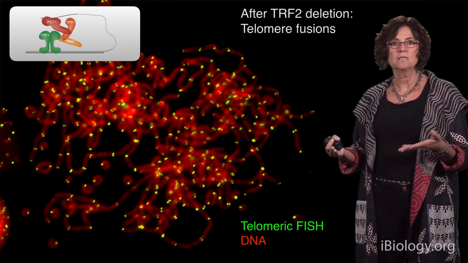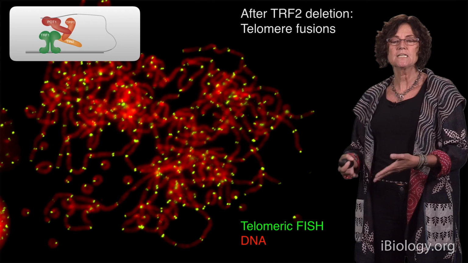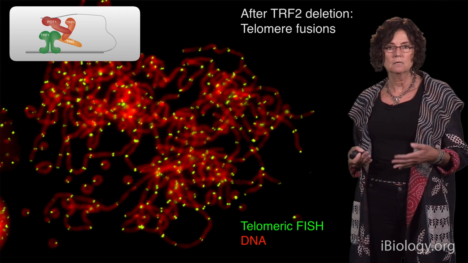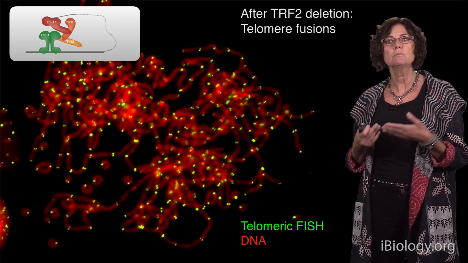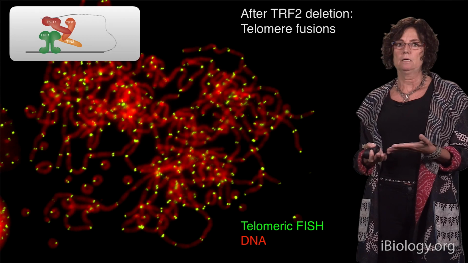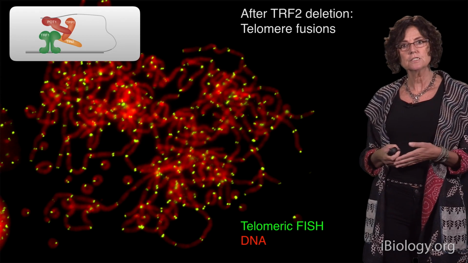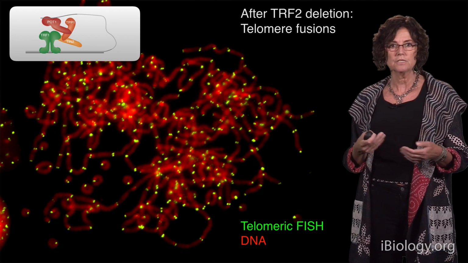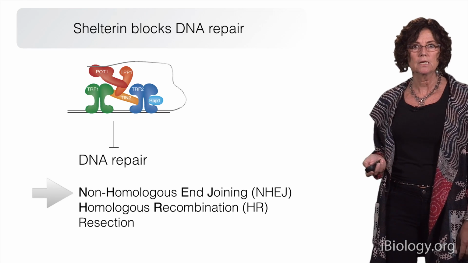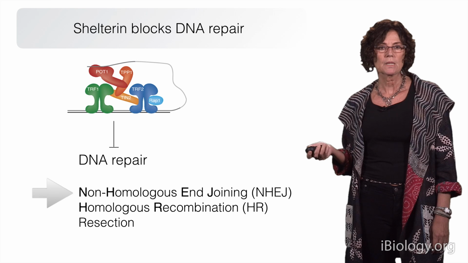What has happened here is that the cells have mistaken their natural chromosome ends for DNA breaks, got into a panic and started repairing these breaks, and they do it in the only way they can in this situation, that is by fusing one telomere to another. And this is non-homologous end joining that is taking place.